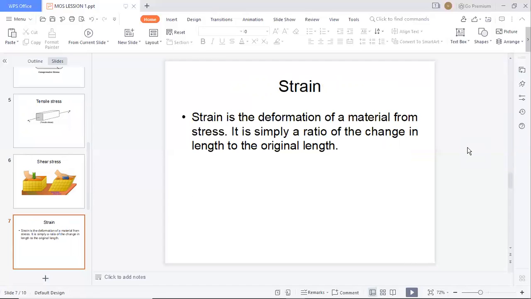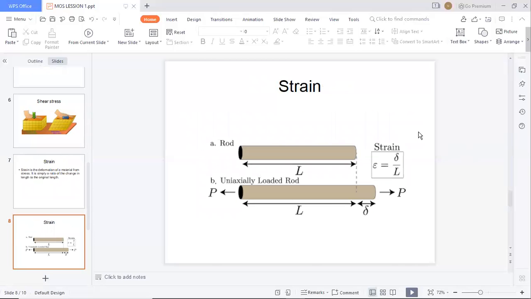Next one, the strain. So what is meant by strain? Strain is the deformation of material from the stress. It's simply the ratio of change in length to the original length. This is the simple representation diagram.